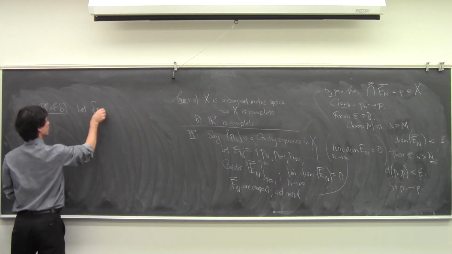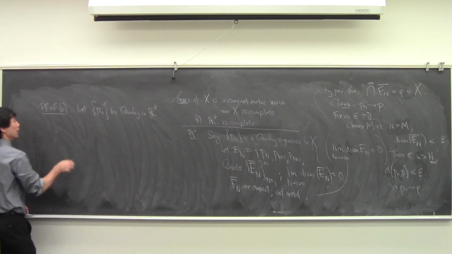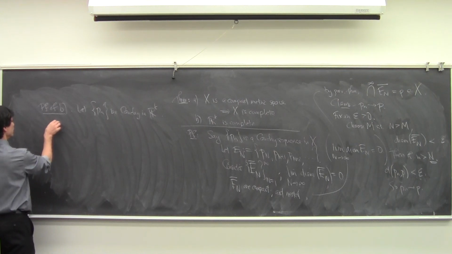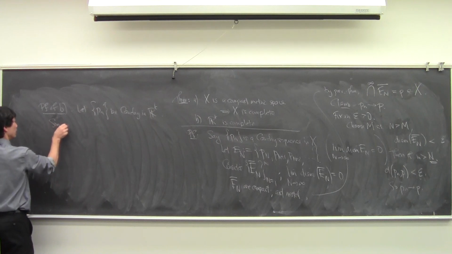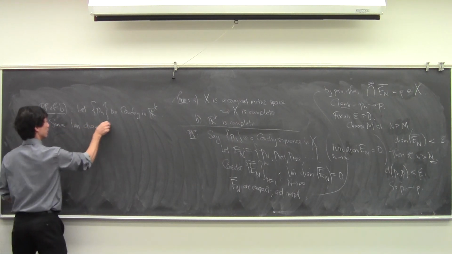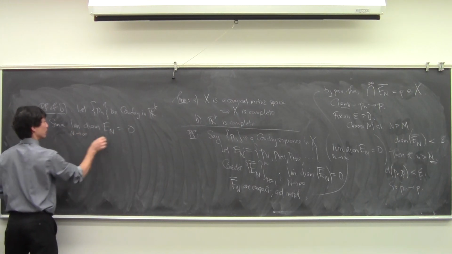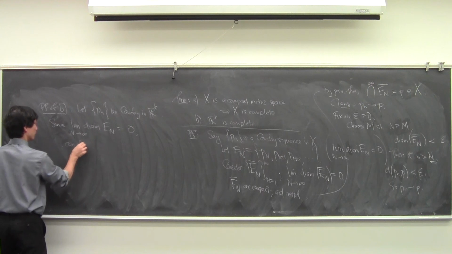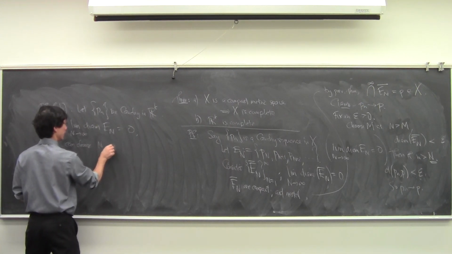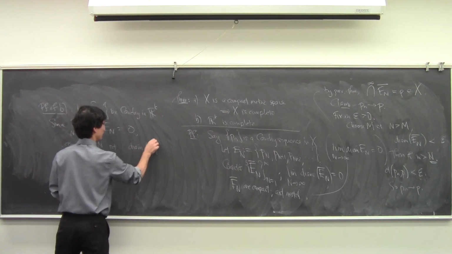Let p_n be Cauchy in R^k. Since the limit of the diameters of the E_n is 0, we can choose N such that the diameter of E_N is smaller than 1.